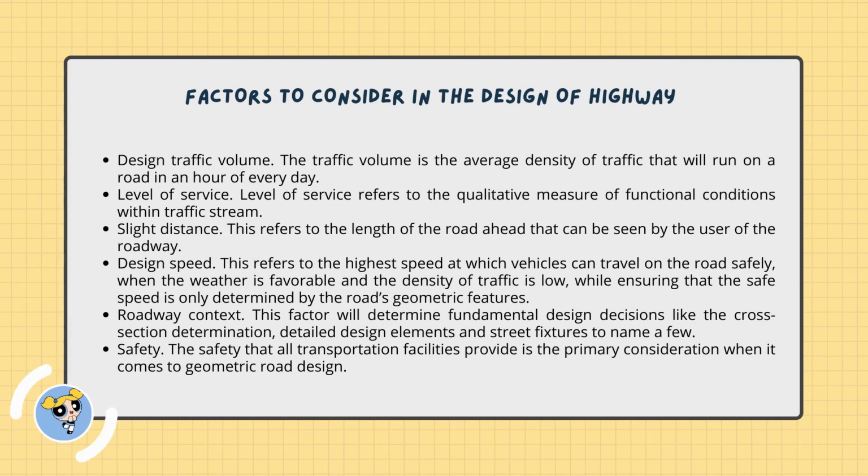Design speed. This refers to the highest speed at which vehicles can travel on the road safely when the weather is favorable and the density of traffic is low, while ensuring that the safe speed is only determined by the road's geometric features. Roadway context. This factor will determine fundamental design decisions like the cross-section determination, detailed design elements, and street fixtures to name a few.